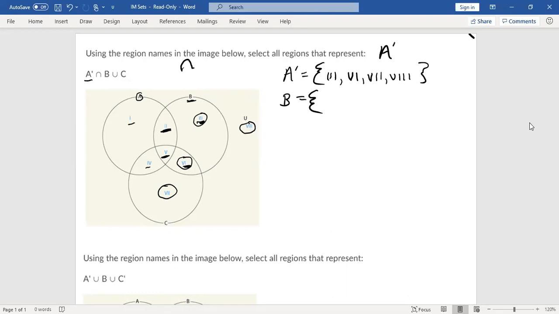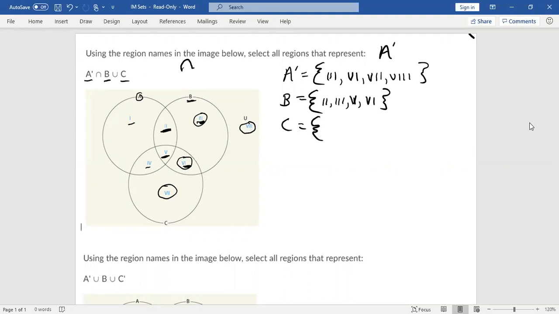I'm going to write it in order. So that's 2, 3, 5, and 6. Now also, we have to find what's in C.